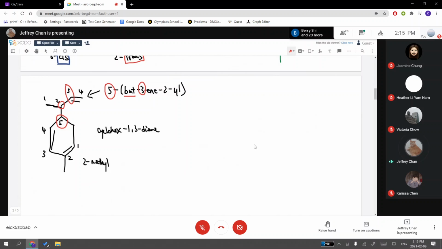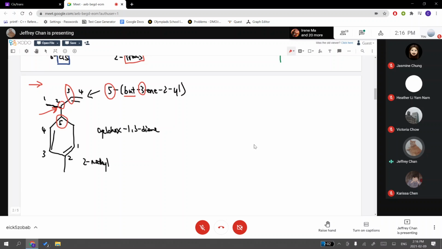And we have to start counting this way, because we want this carbon right here to have the lowest number, because our parent is the more important thing. So we want to give this carbon the lowest number possible. Hence, it goes 1, 2, 3, 4. You don't count from right to left, because then you would get a number of 3 for the carbon that is attached to the parent.